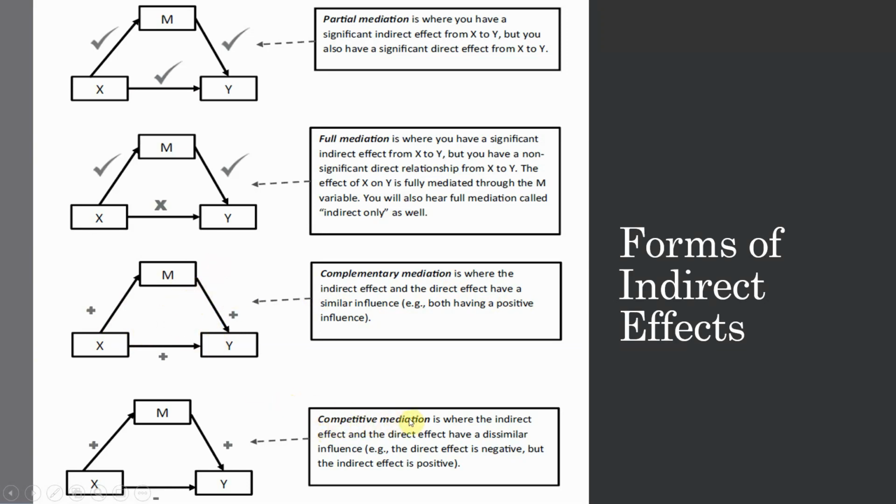However, competitive mediation is where the indirect effect, that is the effect of X on Y through M, and the direct effect, that is the effect of X on Y, have dissimilar influence. What do we mean by dissimilar influence? The direct effect is negative, as in the example, and the indirect effect is positive. So they have different signs. In this case, we call it competitive mediation.